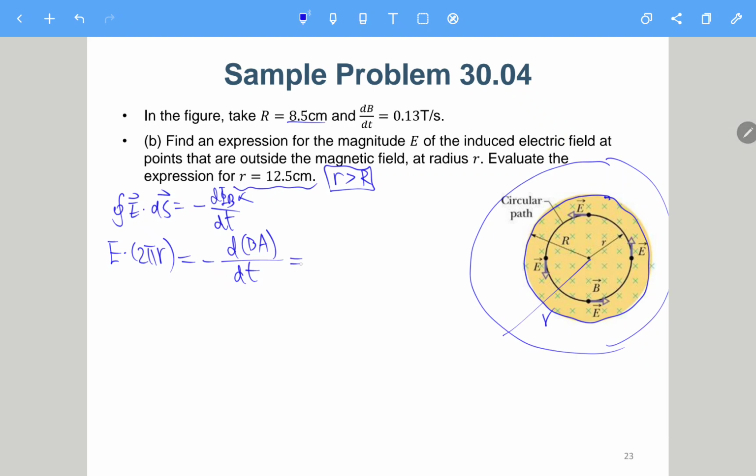So it should be d times B times πR² rather than small r², over dt. Then we can do the cancellation: E times 2πr, and π can be cancelled.